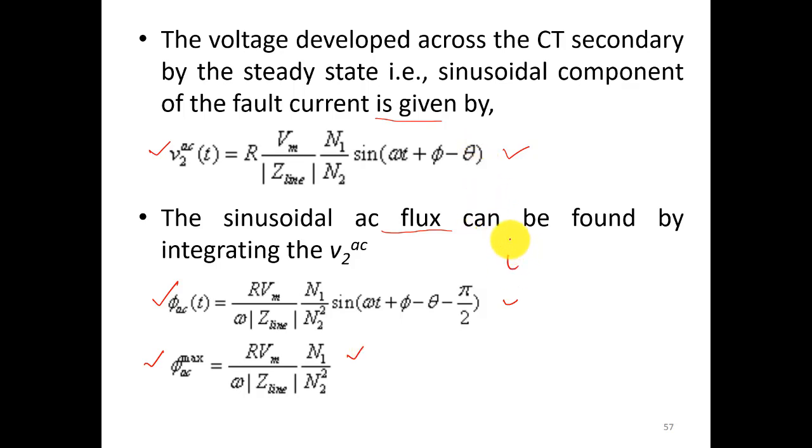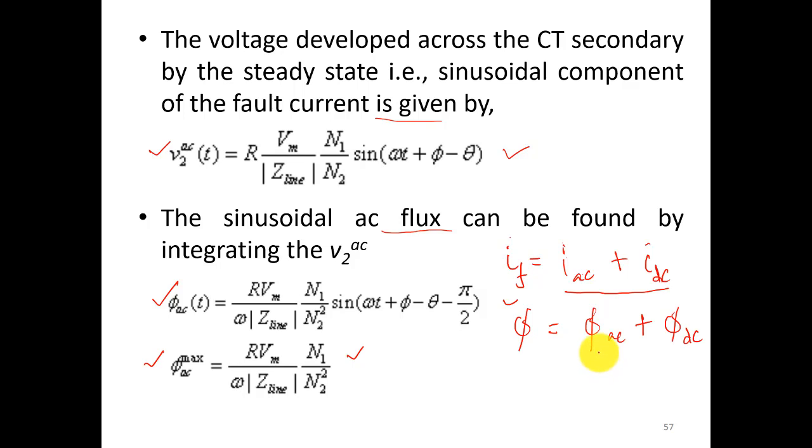One is your AC component, and the other one is your DC component because of the DC offset, and both will lead to two fluxes, right? One is your phi AC plus phi DC, right?